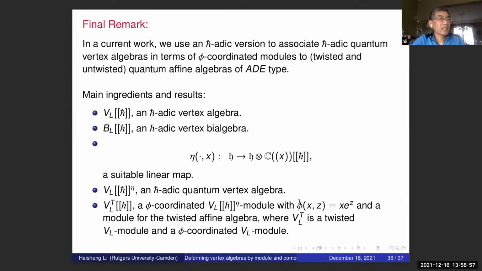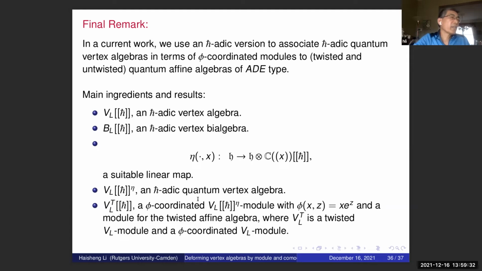On the other hand, this is not related to quantum affine algebra yet. If you consider a highest weight module for quantum affine algebra, it actually relates to a phi-coordinated module for this H-additive quantum vertex algebra. So here we have to use a deformation of the twisted VL module. That's also related to a phi-coordinated VL module.